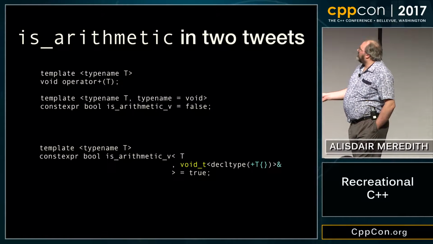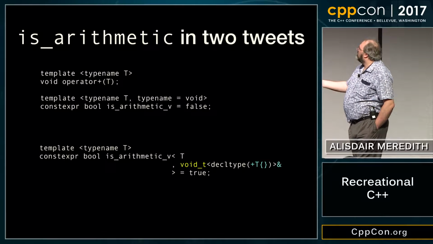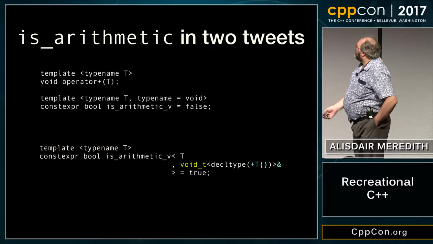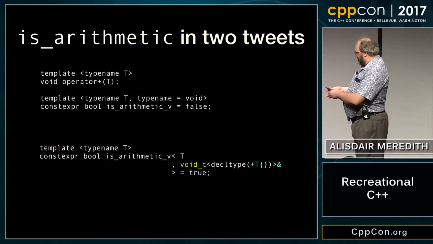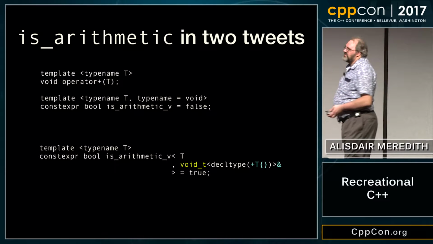So if my condition matches, this choice of void is a more specialized template. The lower template is a more specialized template and therefore will match in preference to the primary template.